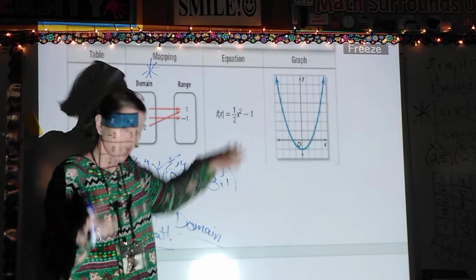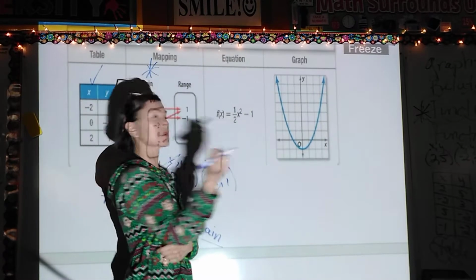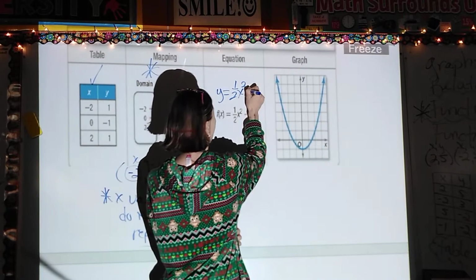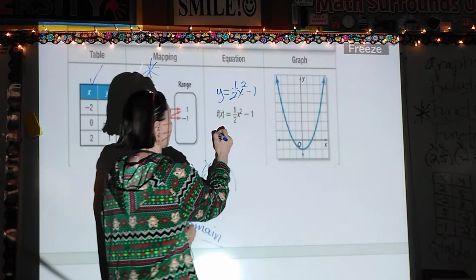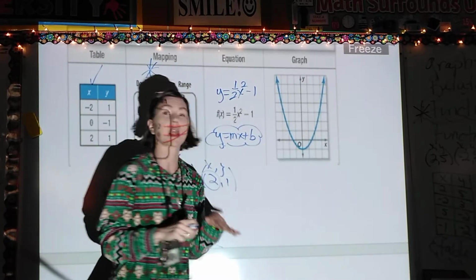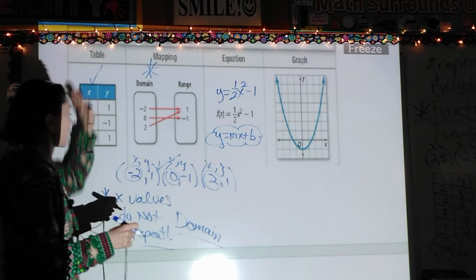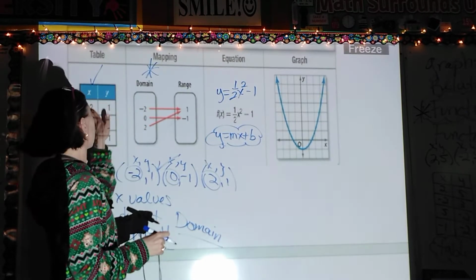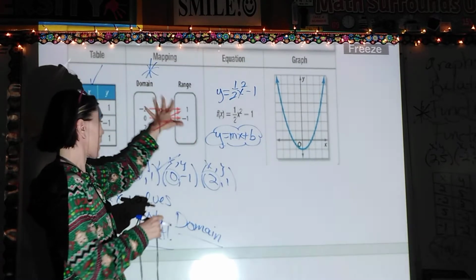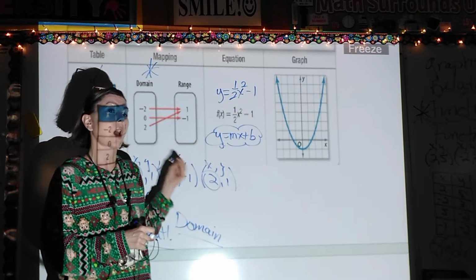Now, equation. We know, reviewing, that this f of x, the function of x, means the same thing as y. And we said 1/2 x squared minus 1. Now, you also know y equals mx plus b, the equation of a line. For the list of ordered pairs, the table, and the mapping, we said that the way you could tell if they were a function is if the x values do not repeat.